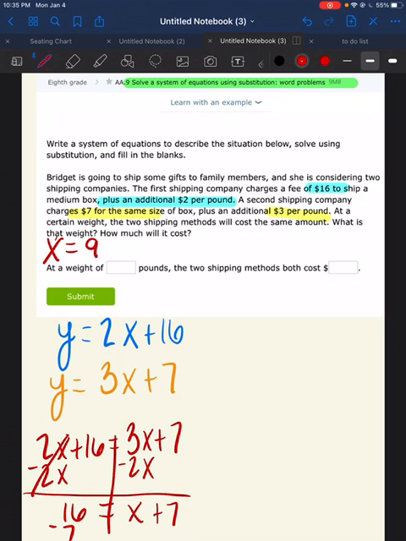Okay, now I need to find y. So I'm going to plug that into one of my problems. So I have 2 times 9 plus 16. So 18 plus 16.